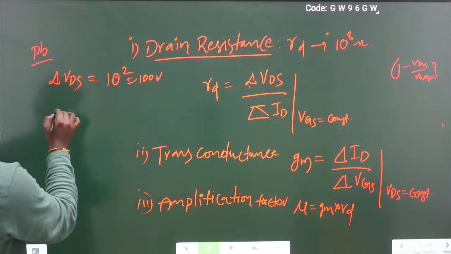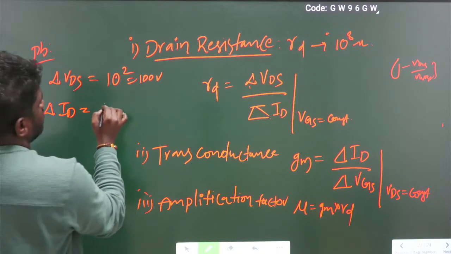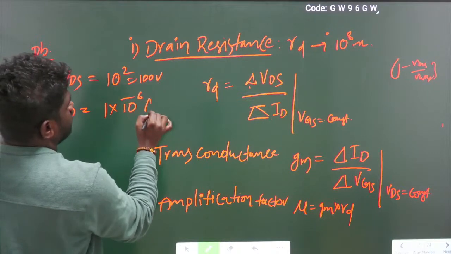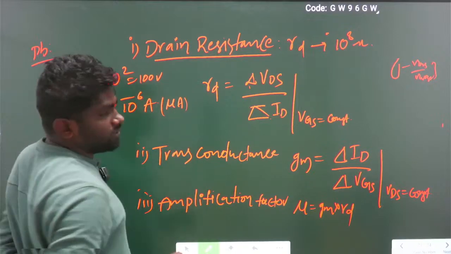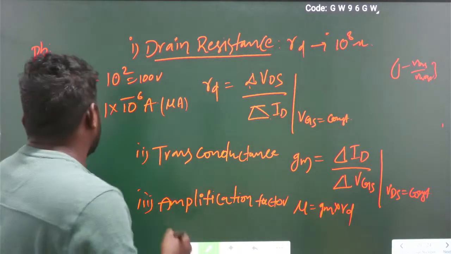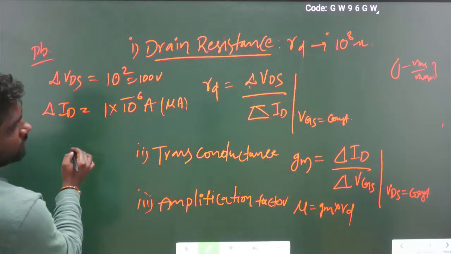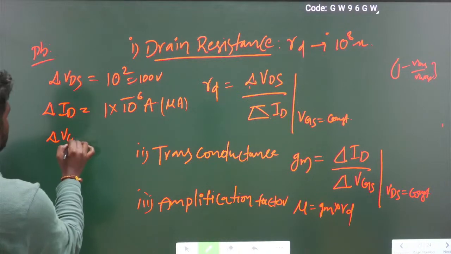Next, the change in drain current they will give like 10 power minus 6 ampere, nothing but microampere. So micro means 10 power minus 6. Next they will give delta VGS.